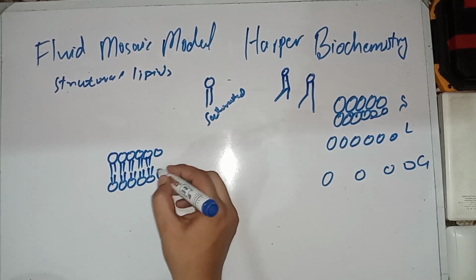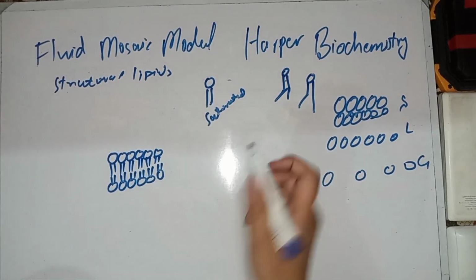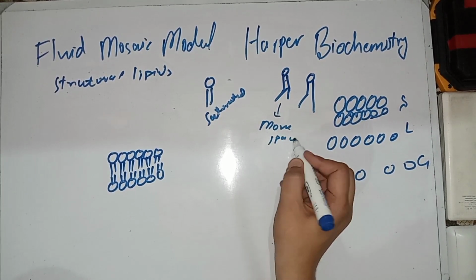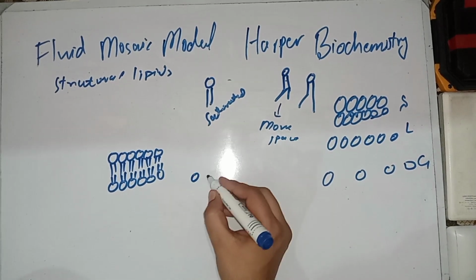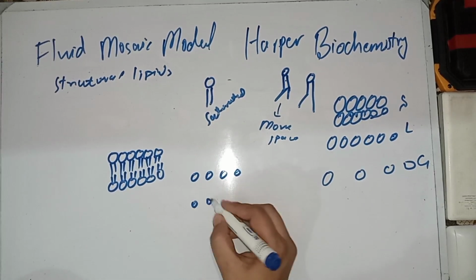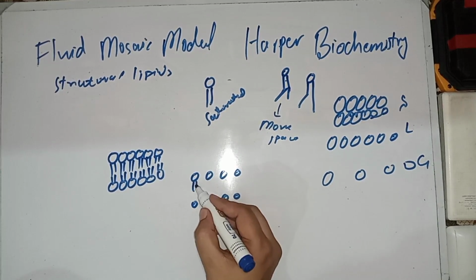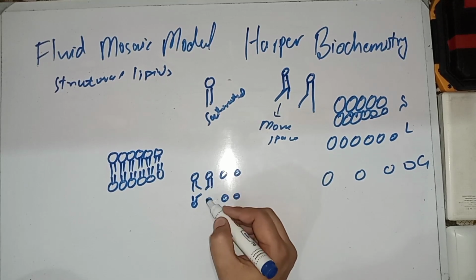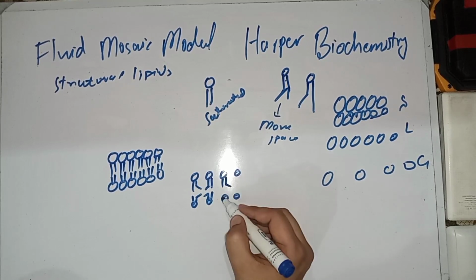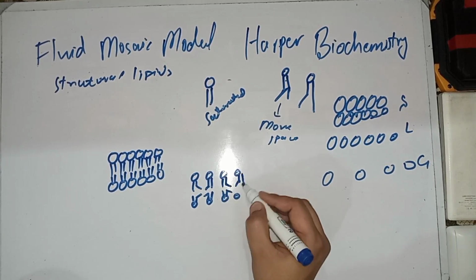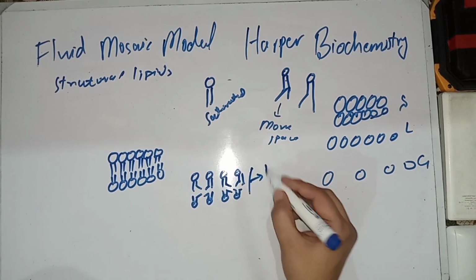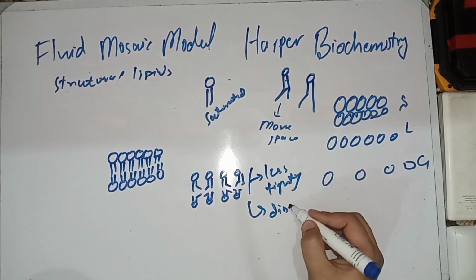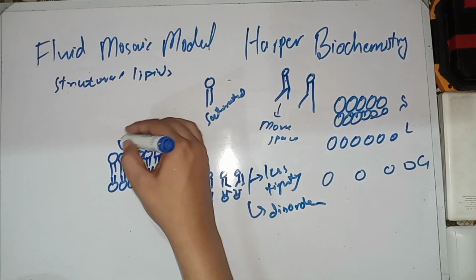However, if the membrane lipids are unsaturated and have tilted tails, these tilted tails will need more space, so lipids will be pushed away. Supposedly this is a membrane with unsaturated lipids. There will be a tilt in the membrane, which needs more space, so these lipids will be less tightly packed, or you can call it disordered, and these are ordered.